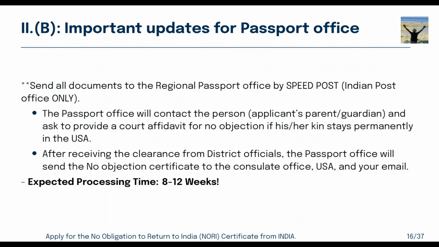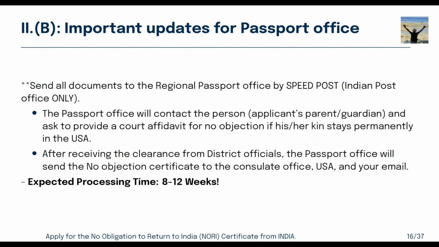Now, these are some of the information on how you will do it. You have to send your documents by speed post only, and then they will process it. They will contact the person, usually your parent or guardian, at your address, and then they will ask to provide the court affidavit for no objection, right? A lot of people have asked me what should be the content of that court affidavit.